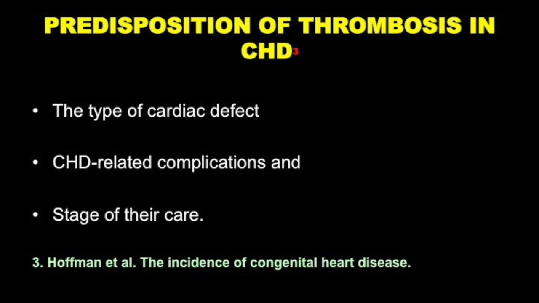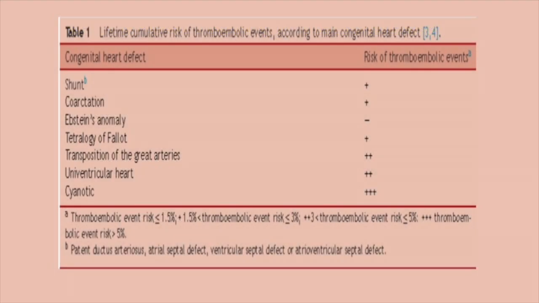So that is usually what would predispose them to developing thrombosis. This is just a table showing the summary of the congenital heart diseases that are highly likely to give you thrombosis, and cyanotic heart diseases have the highest predisposition.